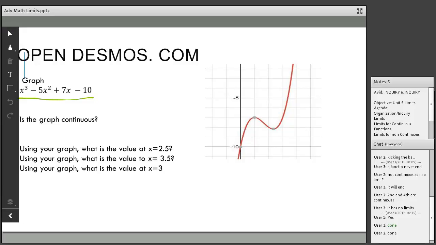All right. So looking at your graph, you want to hover over where x is equal to 2.5. What value do you get at x is 2.5? Remember you can go along that graph and find it. I get something close to -8. Is that what you guys got? -8-ish? Yes.